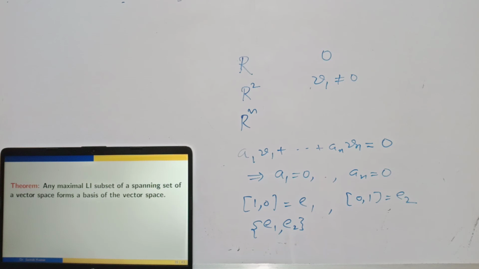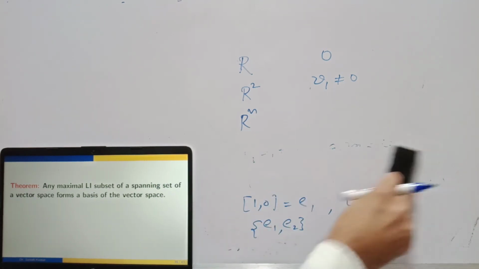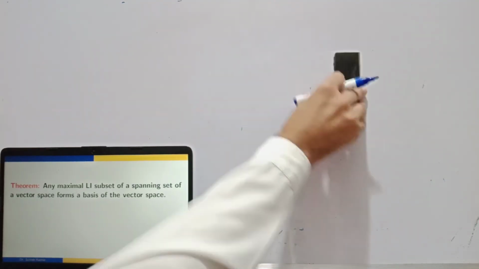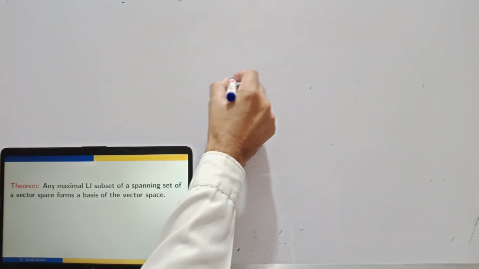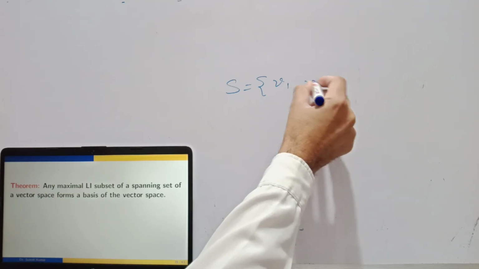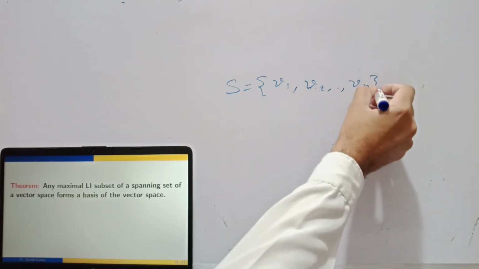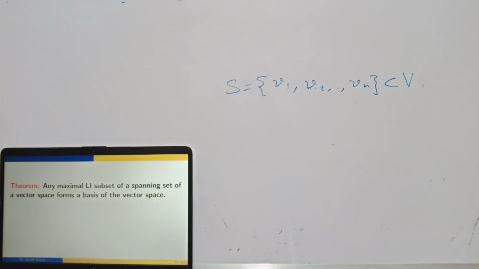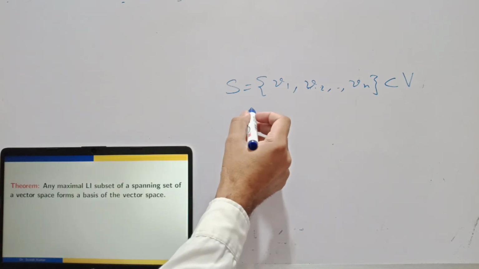After that, how to construct bases from a given set of vectors in the vector space. This is also important to know. If S is any given set, say v1, v2 and so on, vn, in the vector space V, from this set we can construct bases of the vector space V. What are the results related to it?